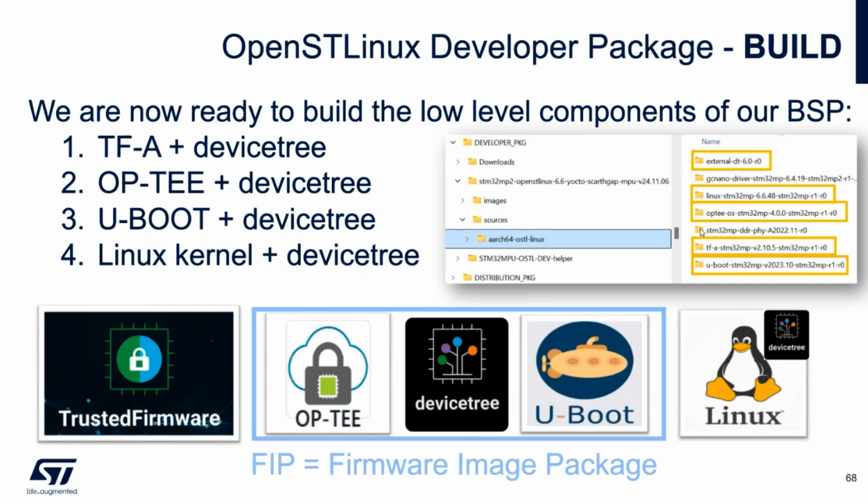And the STM32MP DDR package is a folder that contains the configuration for the DDR4 memory, to tune and configure the DDR. But it is not important now for this operation. For sure, it is included in our build, but we will not explore this package.